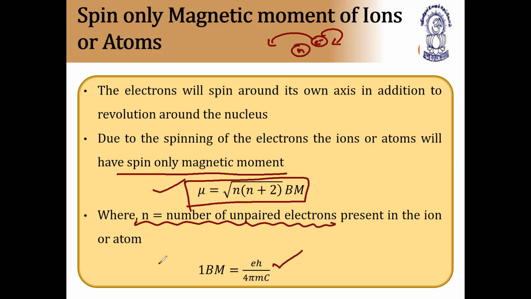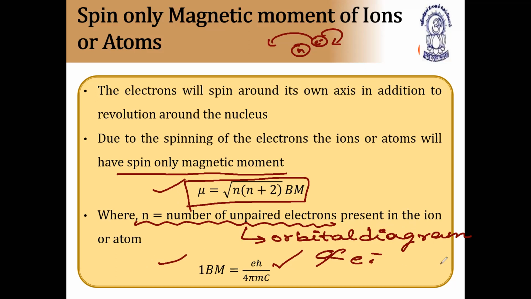So to find unpaired electrons, we should definitely know the orbital diagram of electrons, based on Hund's rule. This concept is most important, and in this way you can find the number of unpaired electrons. Let us see one example now.